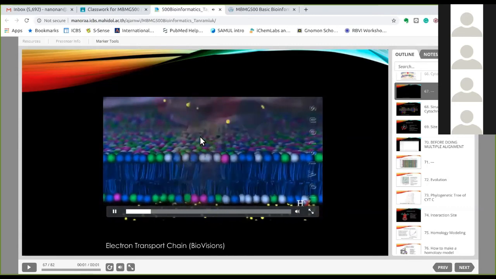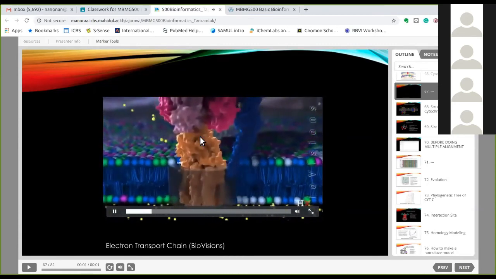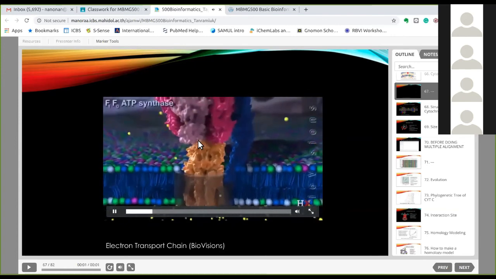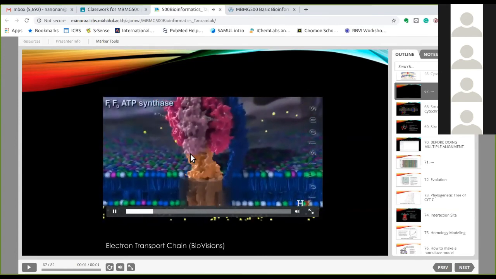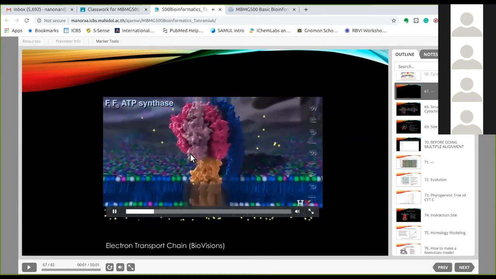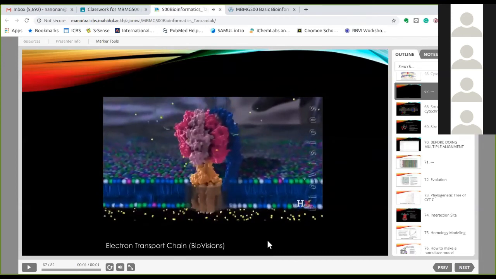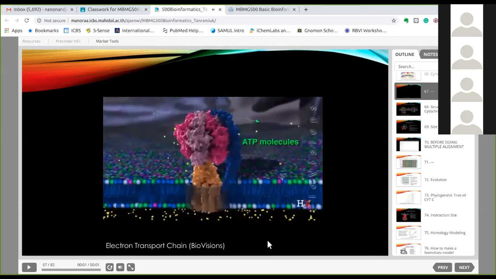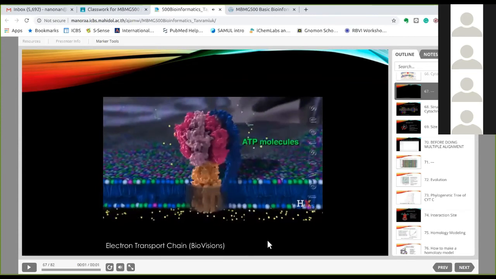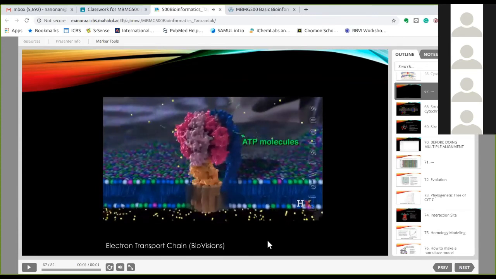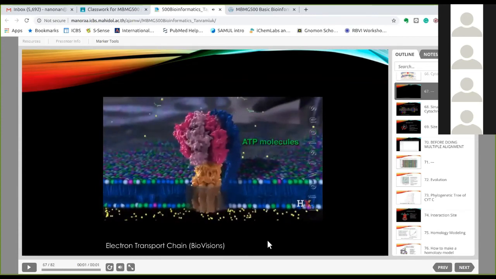The membrane also contains a large protein complex called the F1-F0 ATP synthase, which uses the proton gradient to drive the synthesis of ATP molecules. These ATP molecules ultimately provide the energy for most of the cell's reactions.